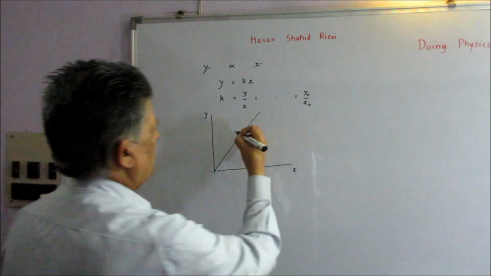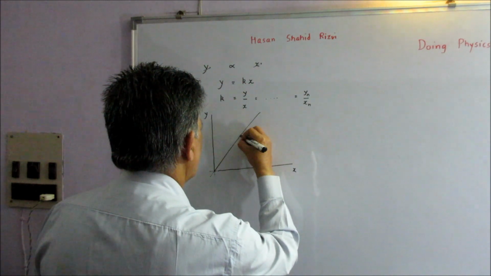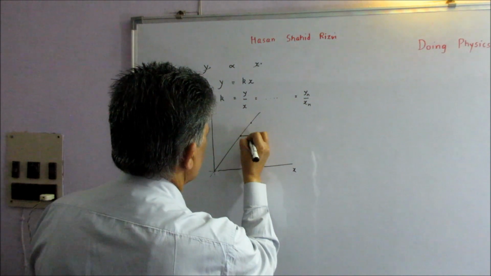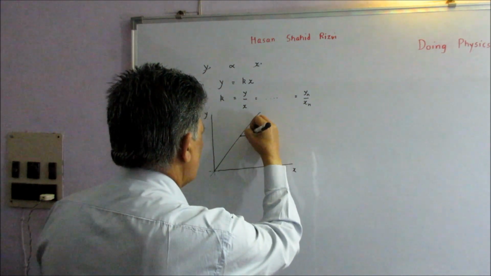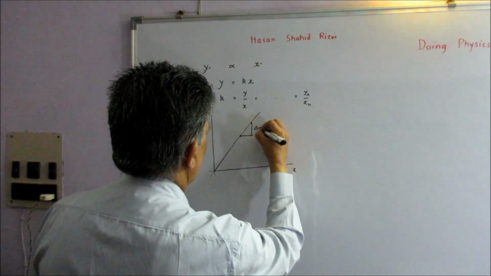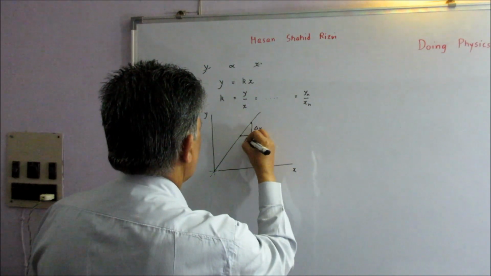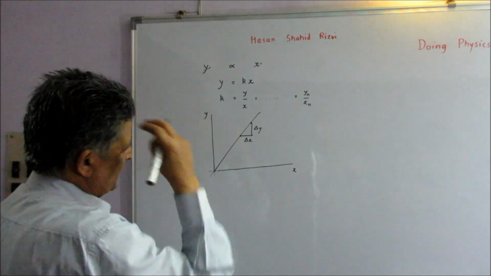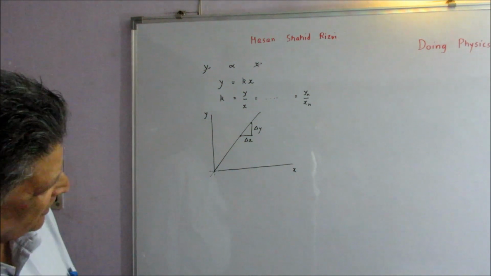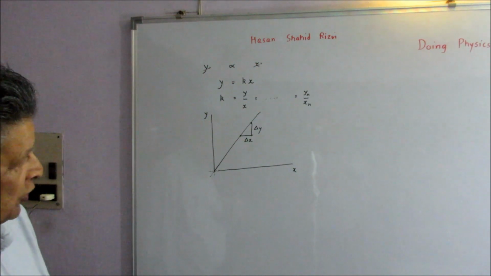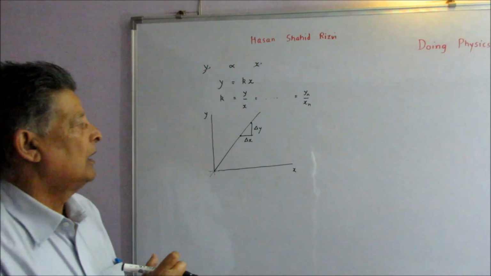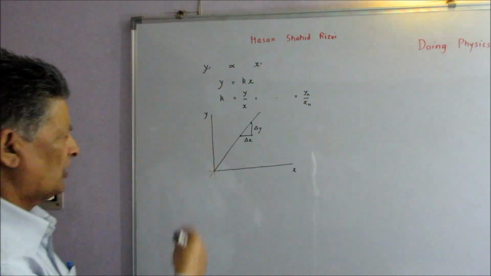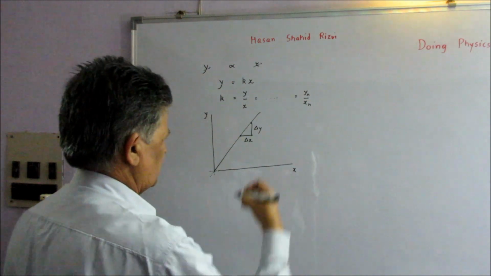And here I said that let there be a value of x and a corresponding value of x plus delta x. So summing up, say that this is delta y and this is delta x, and we found that delta x definitely means that the change is small. This change could be positive, this change could be negative, and so correspondingly we have the value of this thing.